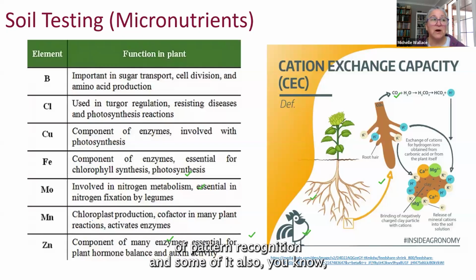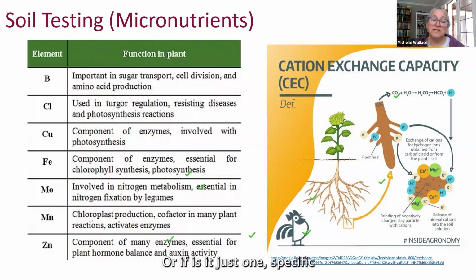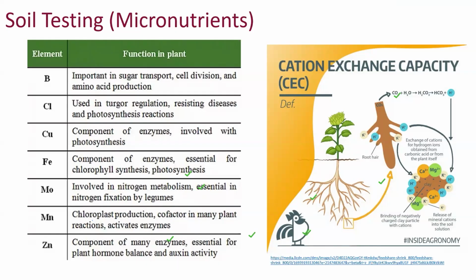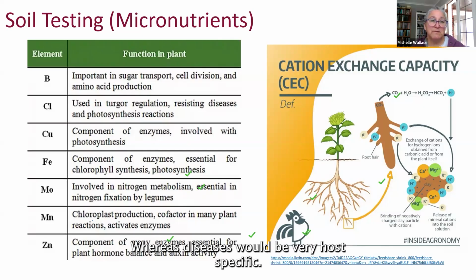Also, are we seeing multiple species of plants affected, or just one specific type of plant? Abiotic symptoms tend to show up on a wide spread of plants, whereas diseases would be very host specific.